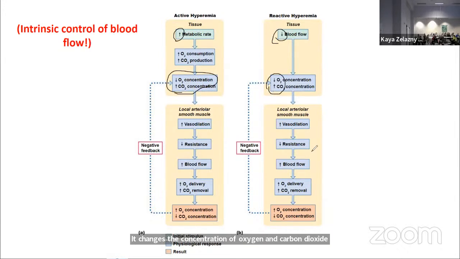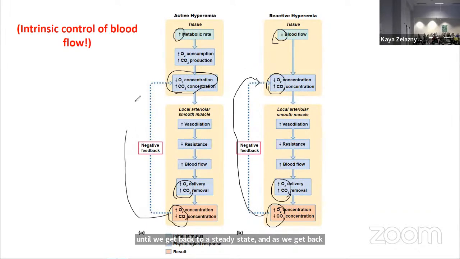We have a response, vasodilation, decreasing resistance, increasing blood flow, therefore readjusting that oxygen and carbon dioxide until we get back to a steady state. And as we get back to that steady state, this is a negative feedback loop, so we're going to turn it off. Once we're back at our appropriate levels of oxygen and carbon dioxide, we can put the blood vessel back to its normal diameter.